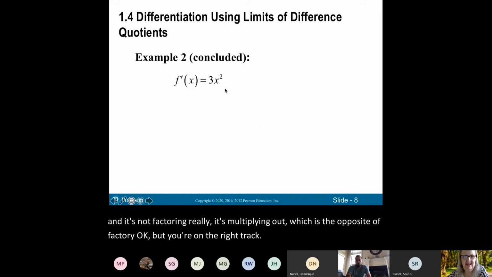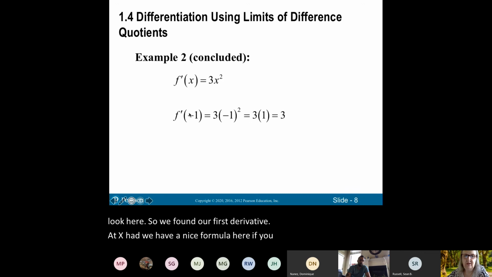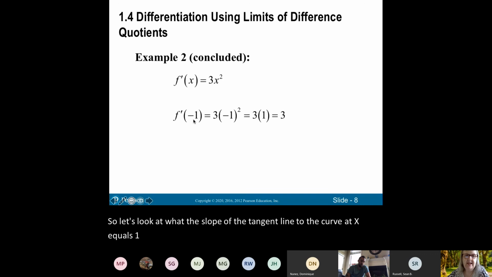So let's look here. We found our first derivative at x. We have a nice formula here, if you will. So let's look at what the slope of the tangent line to the curve at x equals -1 is. So we just take the -1 and plug it in for x here.